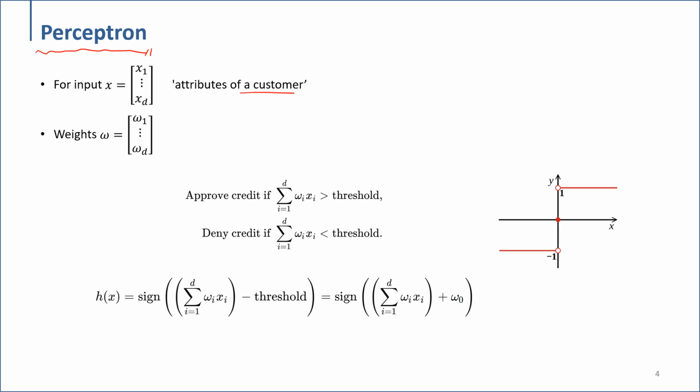Let's consider this problem as a classification, whether to lend money or not. For that, there would be a lot of inputs, right? These inputs can be the customer's age, their job, average income, gender, height, etc.